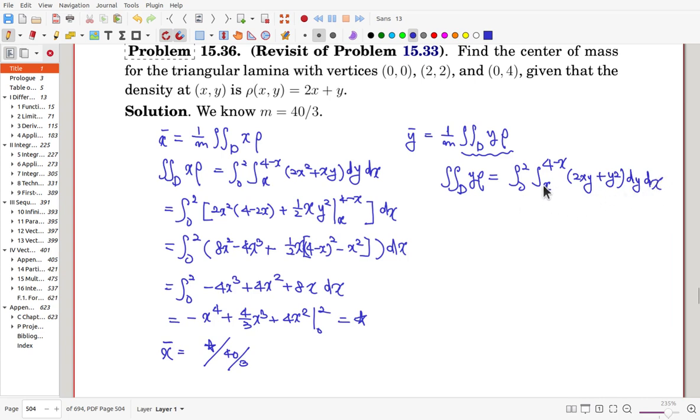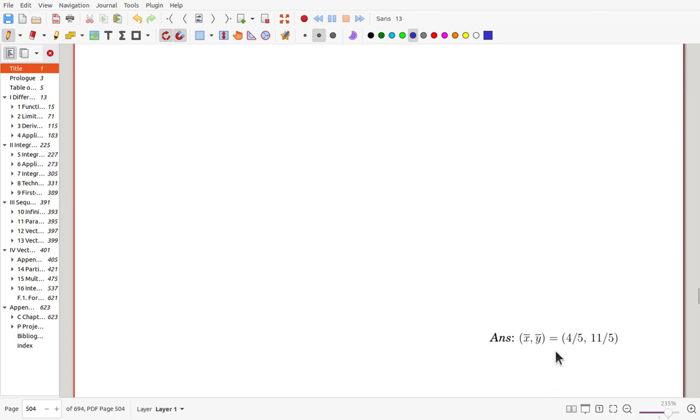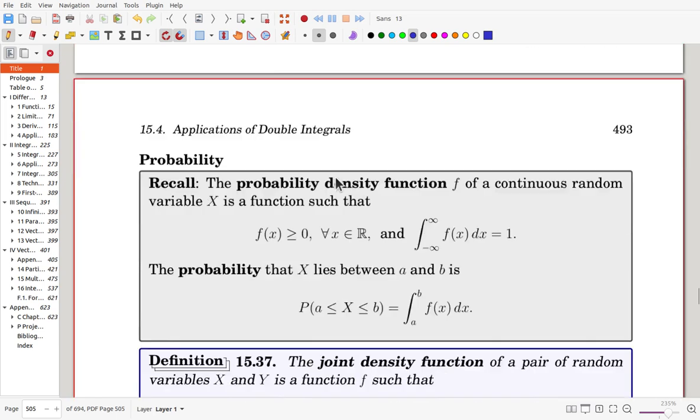You can iterate the integral. First you do this one, and then later on the x integration. After getting a numeric value, again divide by m, then you can get the final answer. The answer is already given here, so after finishing the calculation yourself, try to see if your calculation is right.